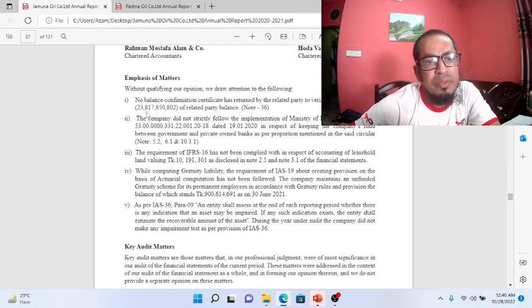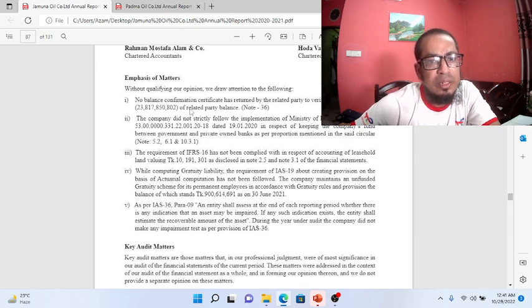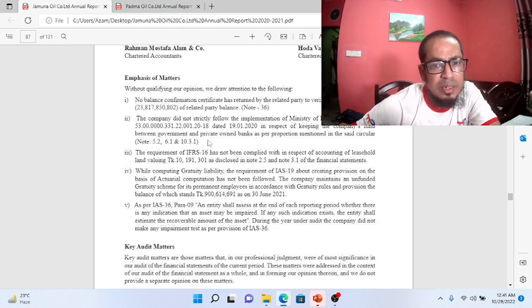This is a big figure, 2,381 crore related party balance, and confirmation certificates have not been given by the parties. So this is an emphasis matter. Another emphasis matter was IFRS 16 for leasehold land.